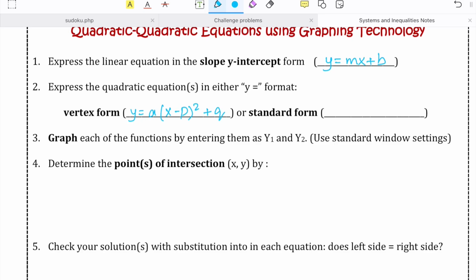And standard form was y is equal to ax squared plus bx plus c. So you express both your linear equation and quadratic equation as y1, y2. Just remember, we want it in a y equal to format, okay? Because that's how we can input it, right?